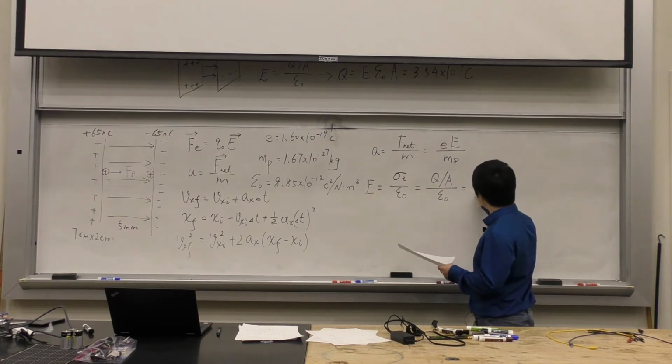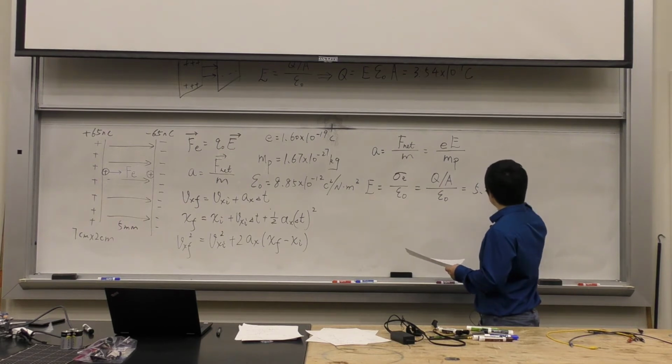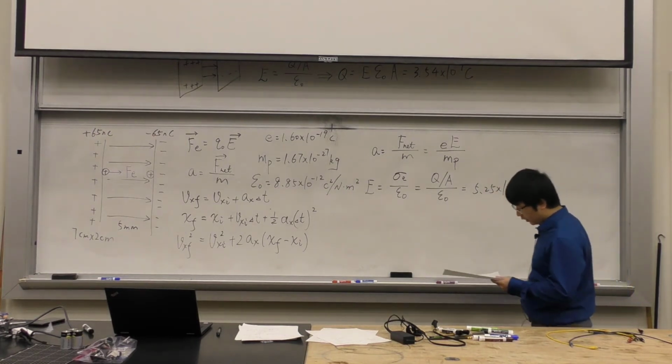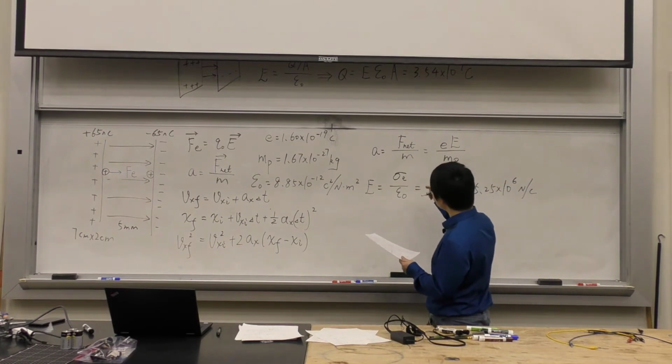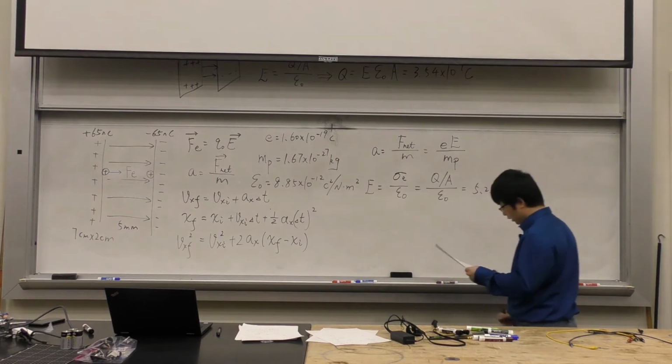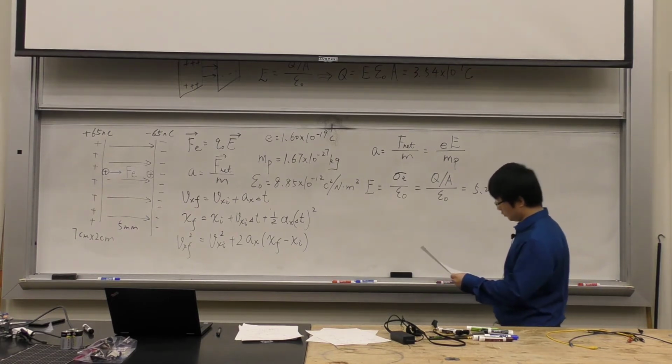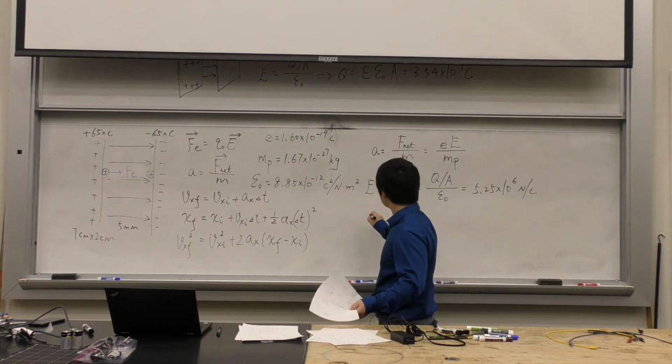So this number is what I got. That's the electric field between these two plates. Plug it into this equation, and you can find the acceleration. And once you find the acceleration, you can do this.